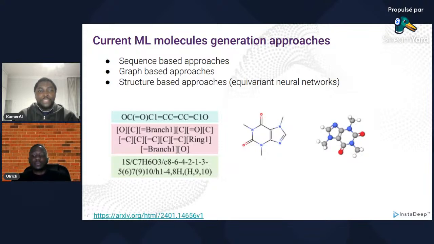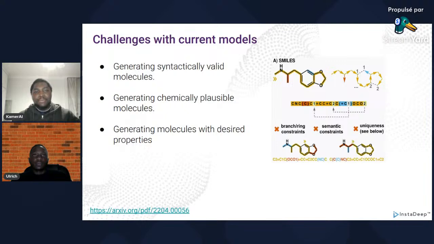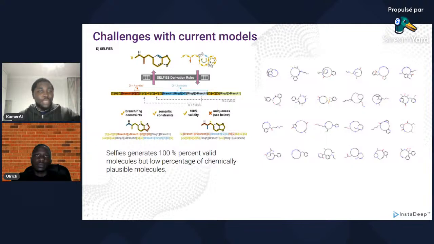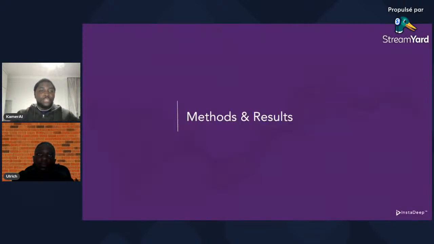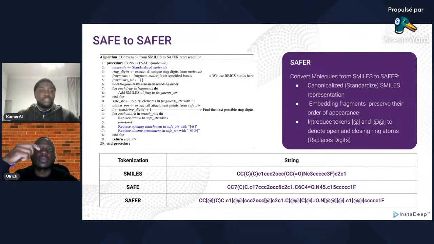One of the issues that you always get when you take a type of input that has some structure, let's say a graph-based input, and then transform it to a different type of structure, let's say a sequence input, is the uniqueness problem.